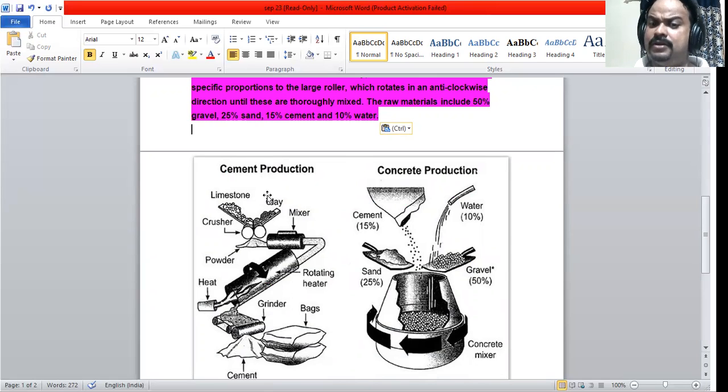The raw materials include 50% gravel, 20% sand, 15% cement, and 10% water.